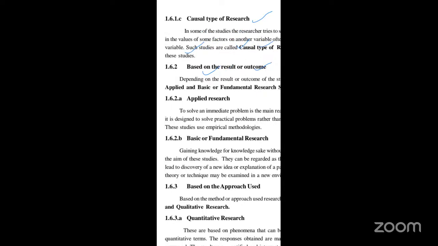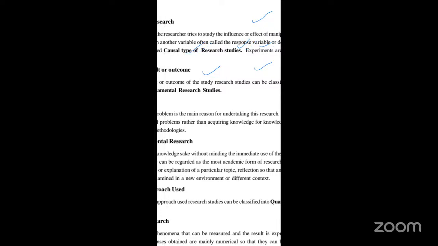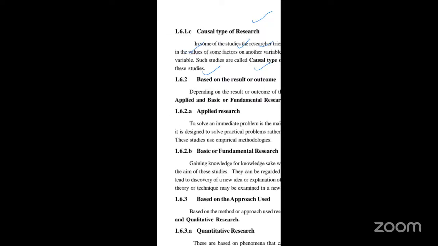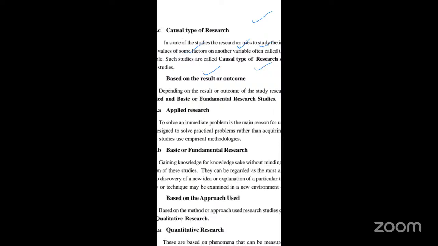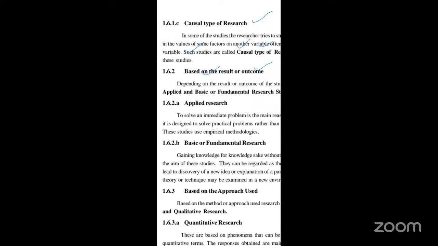Applied research. What does applied research mean? To solve an immediate problem is the main reason for undertaking this research. As such, it is designed to solve practical problems rather than acquiring knowledge for knowledge's sake. These studies use empirical methodologies.